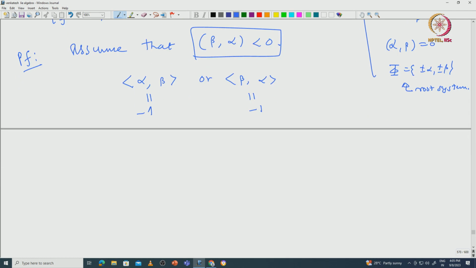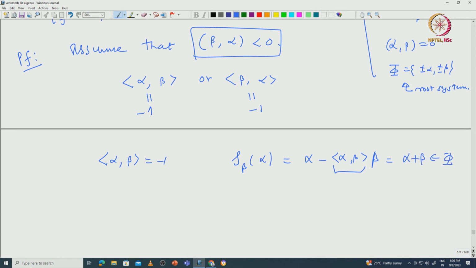So, let us consider the Cartan number of alpha, beta being minus 1. In this case we just apply S beta to alpha. If we take S beta of alpha, this is going to be alpha minus the angle bracket of alpha, beta times beta. Since this is minus 1, this is going to be alpha plus beta.